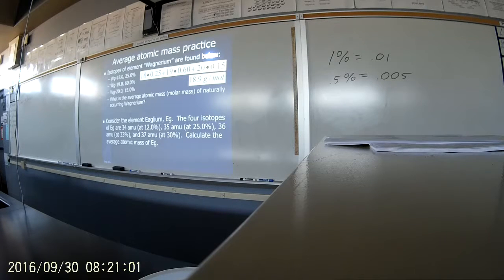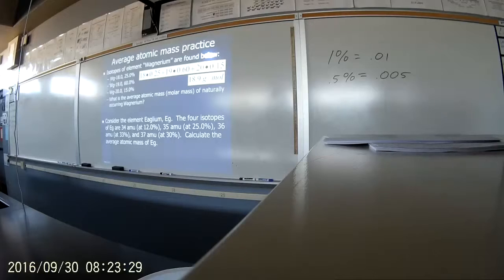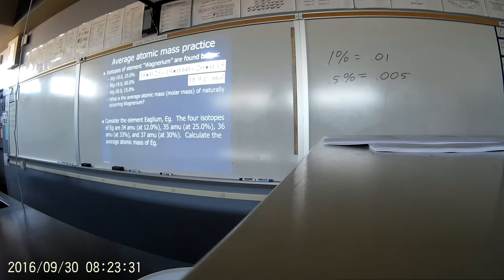So on your own, if you would, calculate the average atomic mass of gallium. Okay, so are we ready to move on? I used that math. 34 times 0.12 plus 35 times 0.25 plus 36 times 0.33 plus 37 times 0.30. And I got 35.8.